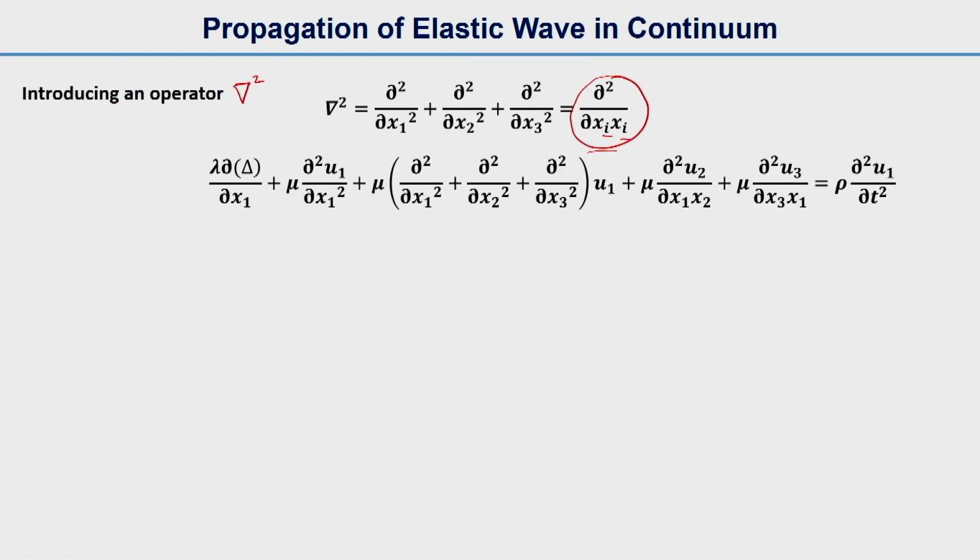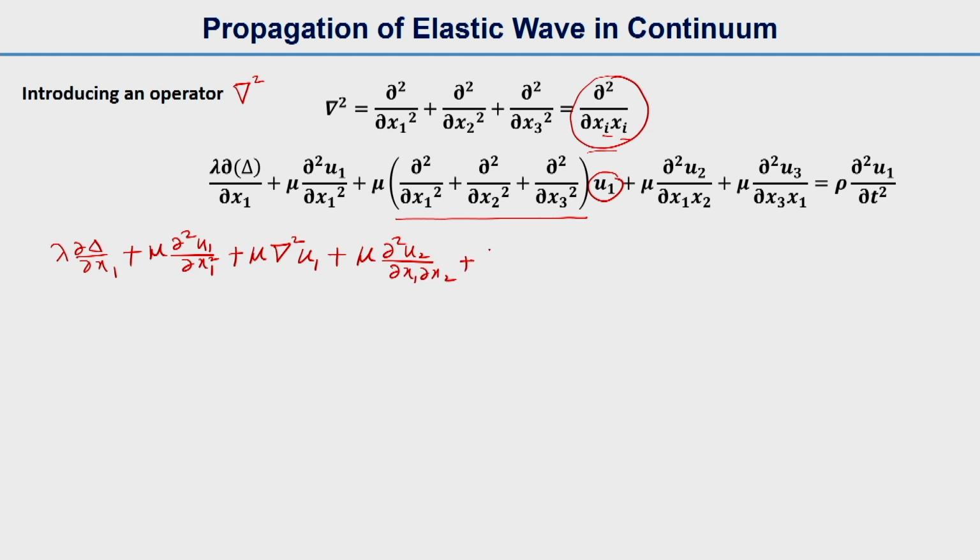So if we use the nabla squared in this part, what it will give is lambda times the partial of delta with respect to x1 plus mu times the double partial of u1 with respect to x1, and then mu times the operator with u1, plus mu times the double partial of u2 with respect to x1 and x2, plus mu times the double partial of u3 with respect to x3 and x1, which will be equal to density times the double partial of u1 with respect to t.